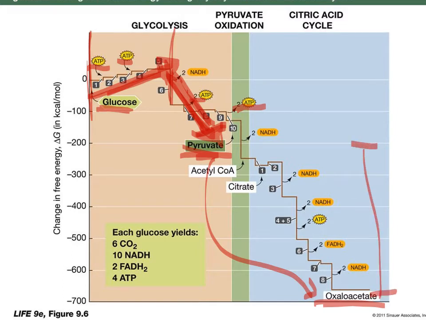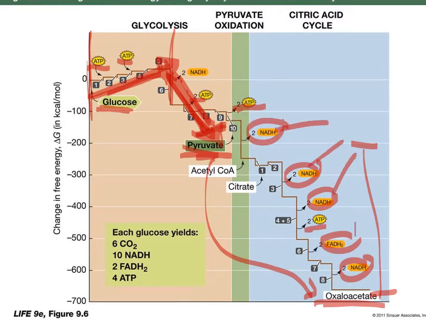You're able to get a lot of energy out of that. And a lot of that energy is in the form of these electron carriers, a little bit of ATP, but essentially these electron carriers are all going to be used in the electron transport chain to get the remainder amount of energy from the original glucose molecule through several conversions, of course, but here's where we actually start making some energy.